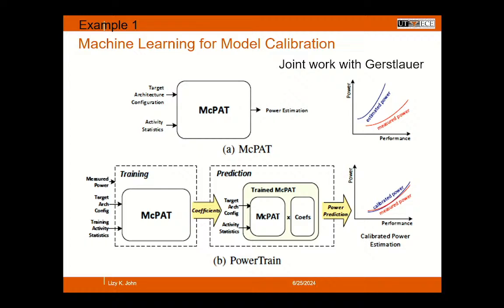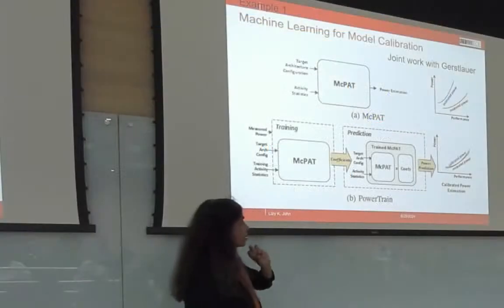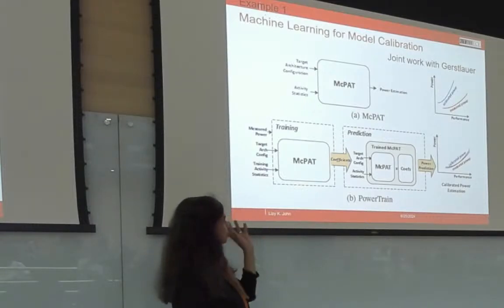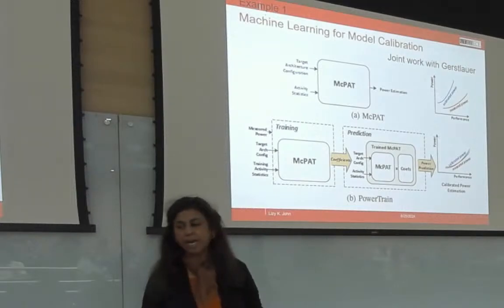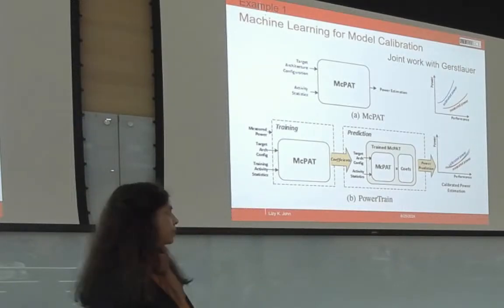This is done using regression, and 20, 30 workloads are fine. You don't need big data for training, you don't need huge amounts of data. And the idea is that McPAT uses many weights: for each activity, there is a certain weight with which you multiply to find how much the power will be.